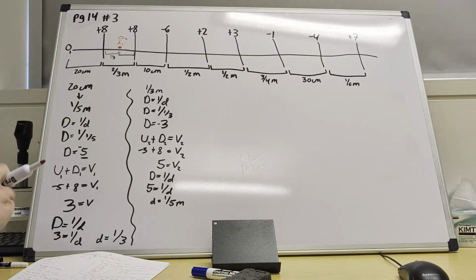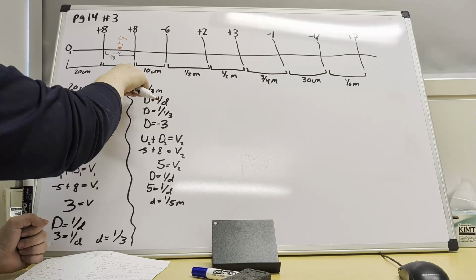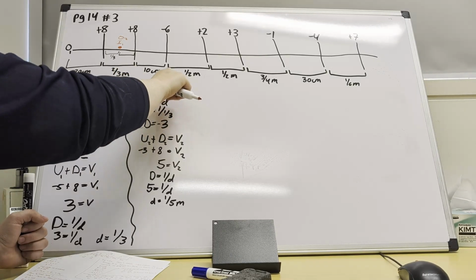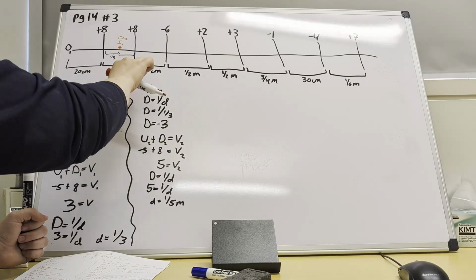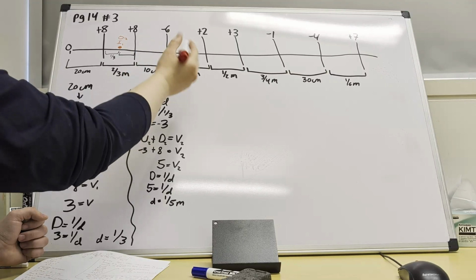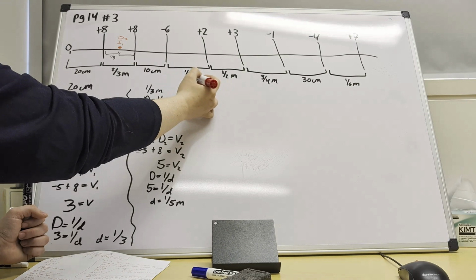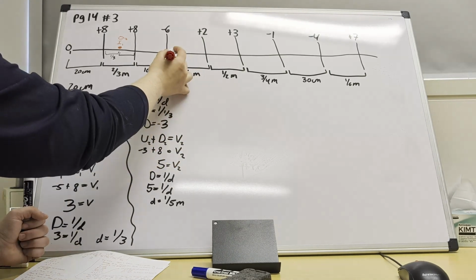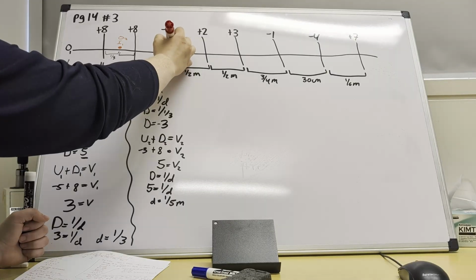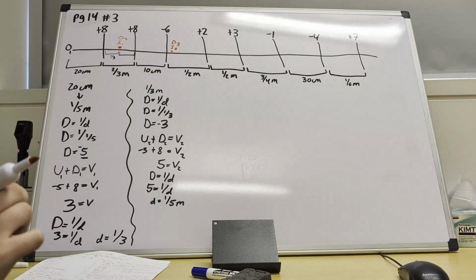So my picture is not quite drawn to scale, but 20 centimeters behind lens 2 is going to bring me into this territory, because the whole distance between this +8 to the -6 lens is only 10 centimeters, but the whole thing from the -6 to this +2 is 50 centimeters, 1/2 of a meter. So I'm probably going to be somewhere about here-ish. This is going to be my image 2, also my object 3.